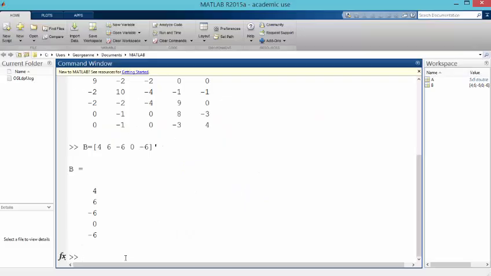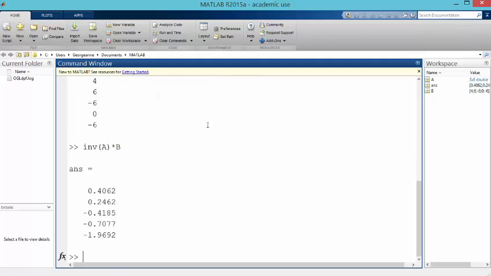Back in my MATLAB, all I'm going to say is inverse A times B, and this should give me the answer. And there's the answer.